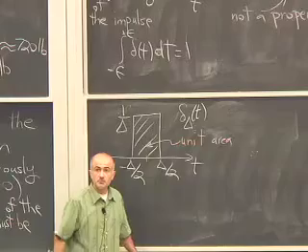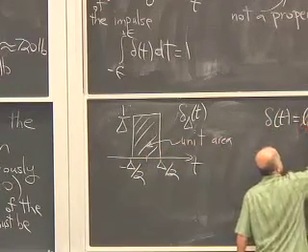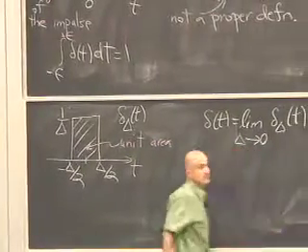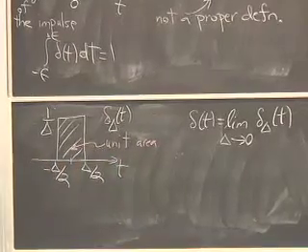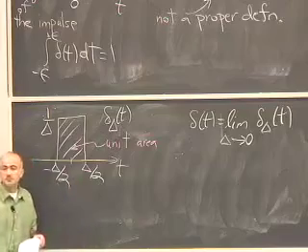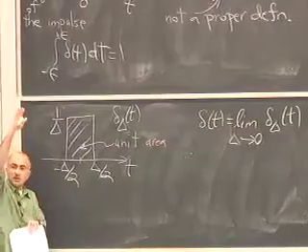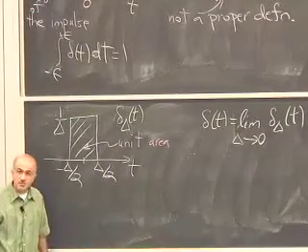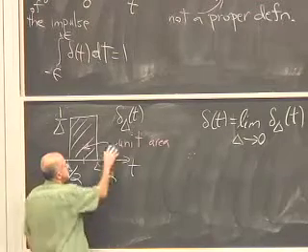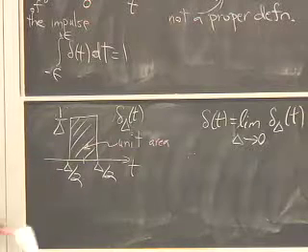One way to think about the impulse is as the limit as delta goes to 0 of this finite width pulse. As delta goes to 0, what happens to this box? It gets narrower and taller. Does the area under it change? No. The area under it stays constant. So you can think of the Dirac delta as a limiting case of this.